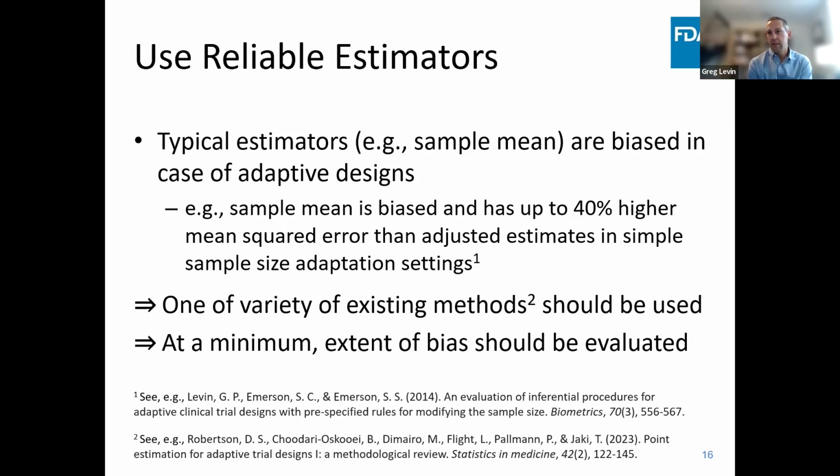Frank, I think, posed some really challenging and interesting questions earlier on what criteria should be used to evaluate estimates that I don't have answers to. But I guess maybe we can address at least the low-hanging fruit, which is in very simple adaptive designs, like a group sequential design or a sample size adaptation where you have a single primary estimand.